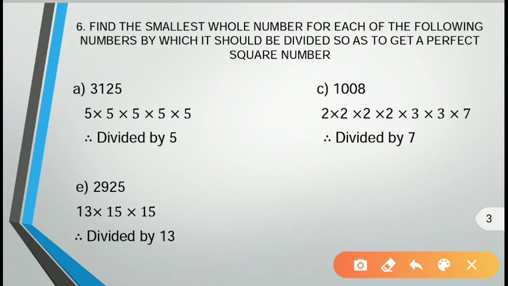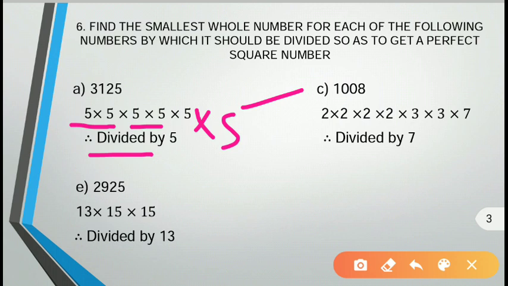So the first question is 3125. When you factorize it, you will get this. Okay, this is one pair, this is one pair. Suppose your question asked by which it should be multiplied to get a perfect square number, then you would multiply by 5.